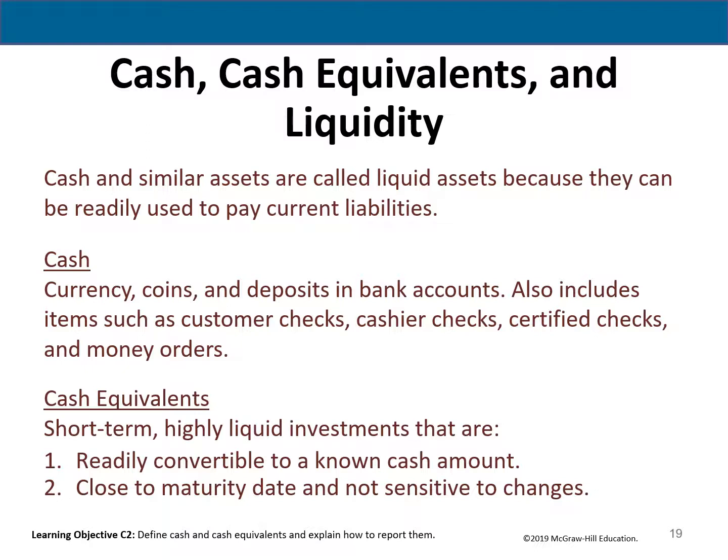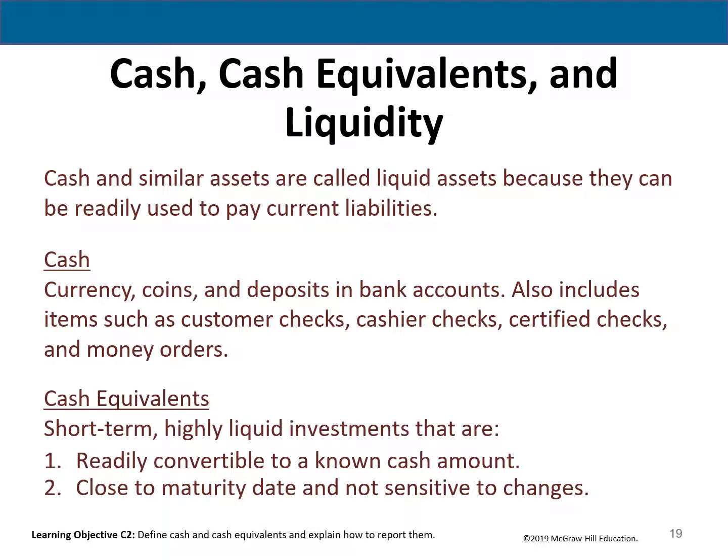Cash equivalents are very short term, highly liquid, so that means they're going to be maturing very, very quickly. Investments. They're usually from the date they start to the date they mature, 3 months. That's it. Anything more is not considered a cash equivalent.